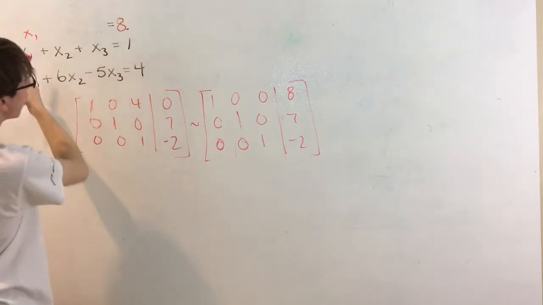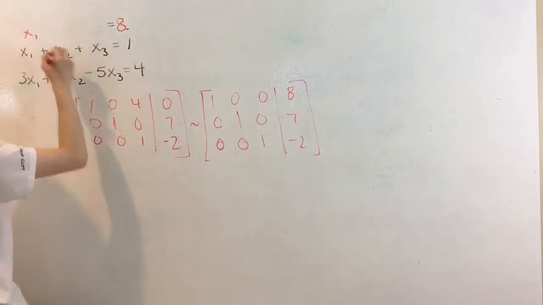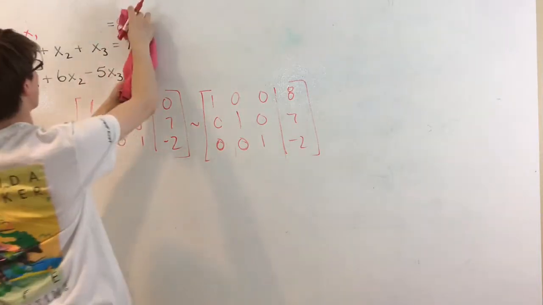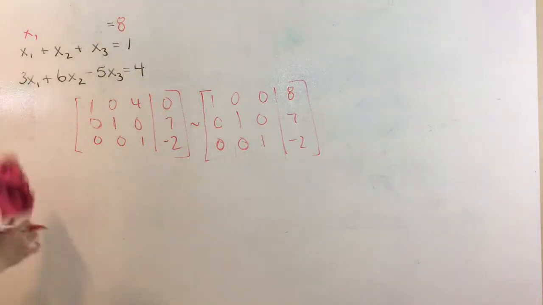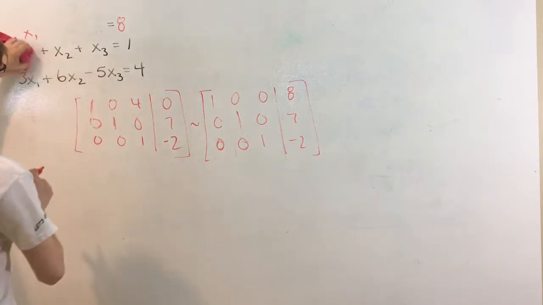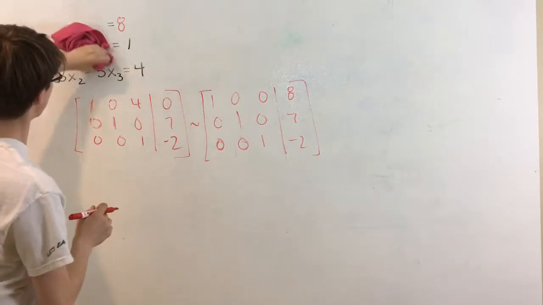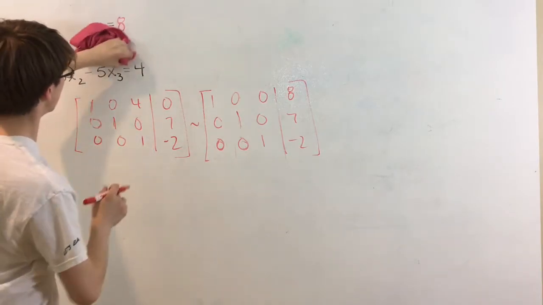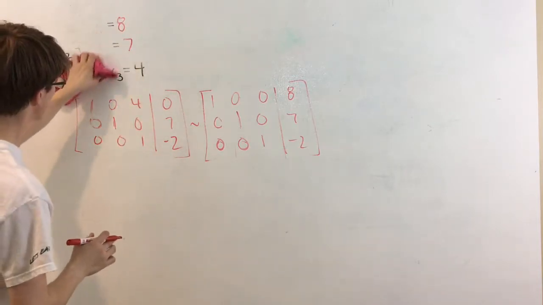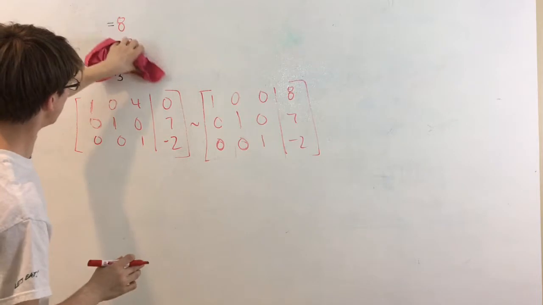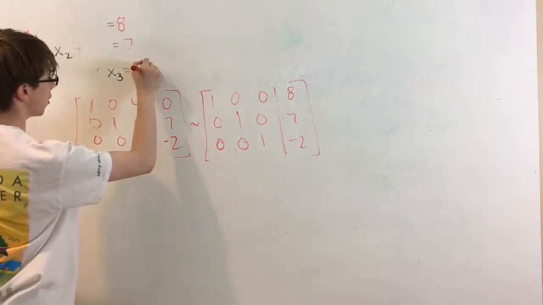So we have x1 plus 0 x2 plus 0 x3 equals 8, right? Okay, and then we have 0, 1, and 0, so this is gone, and that's equal to 7. And then both of these are gone, this is 1, and then this is equal to -2.